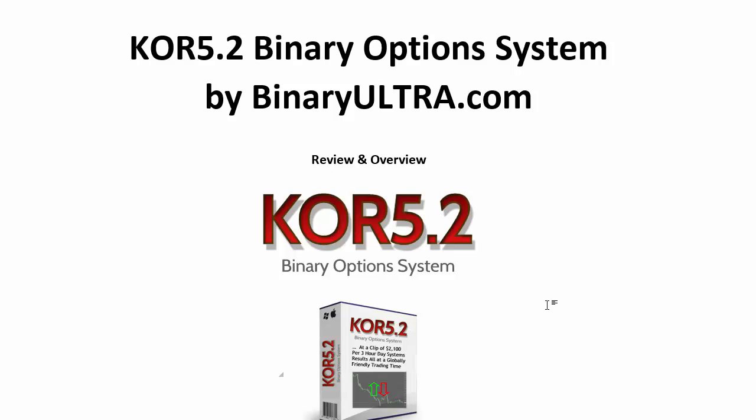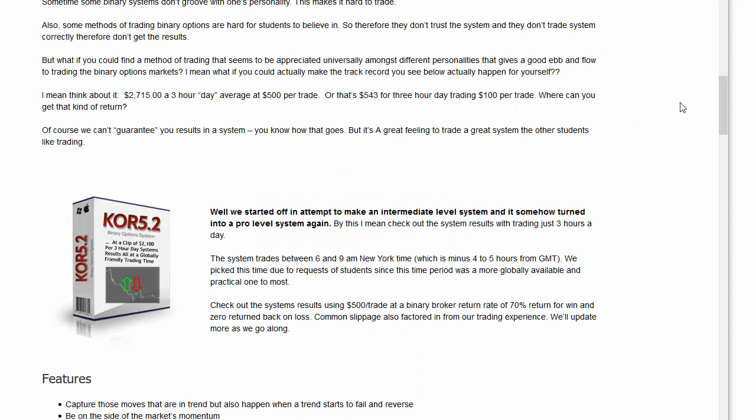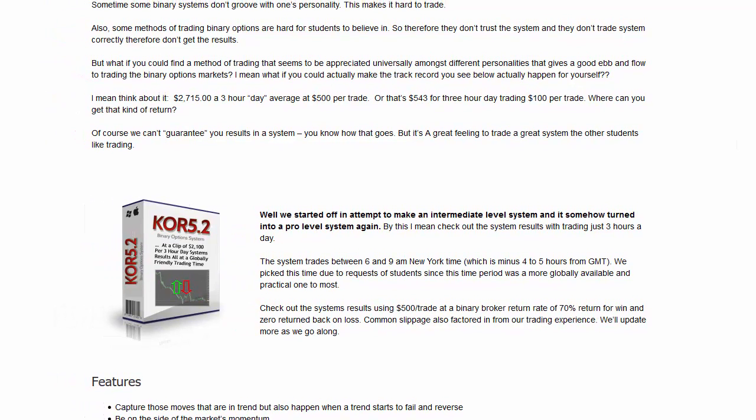Anyways, the point is that you can use this system to put yourself in a very good probability position for excellent trading.